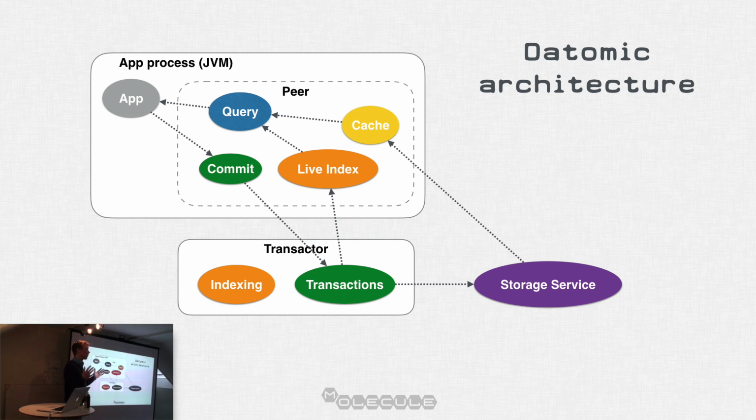So if you have a rather small data set, if you have a website with not zillions of records, then you might have the whole database in cache, which makes the queries extremely fast because there's no network communication and everything is in memory. But of course, if you have like 10 billion facts, then it would probably not fit in cache.